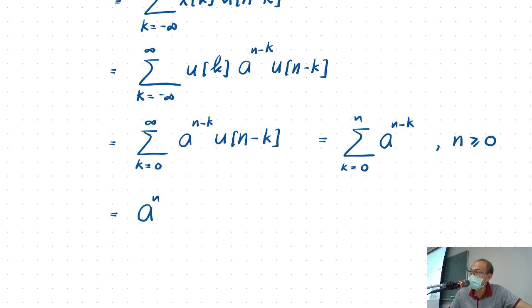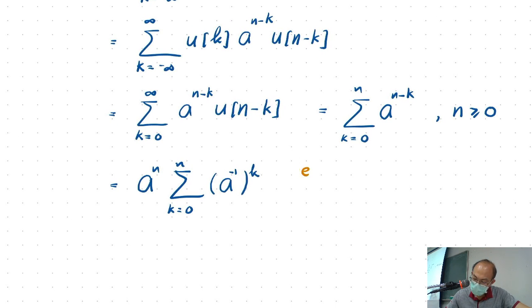I can take it out from the summation, and inside the parentheses would be going from 0 to n, and I have a inverse, because actually it is a to the minus 1, which is called a inverse, to the k, right?